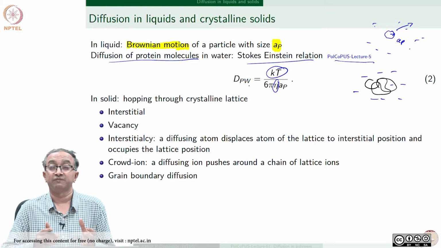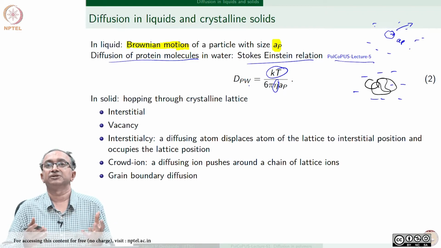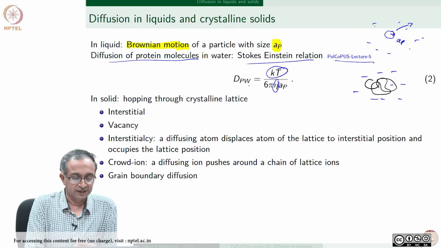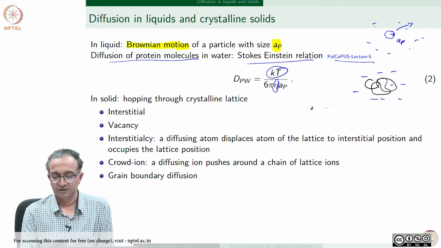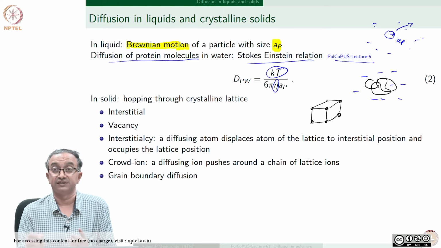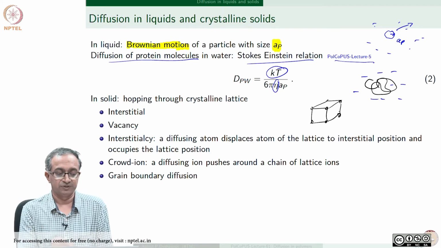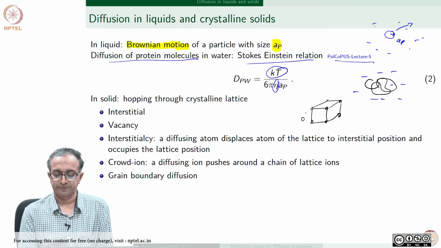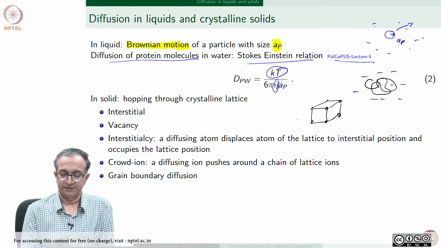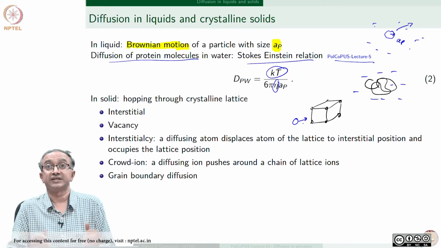However, what we will see is that in case of solids and polymers, we will find a very different nature of temperature dependence. In case of solids, what we have is a lattice, especially a crystalline solid. There are atoms which are occupying, let us say, a simple cubic structure, and the diffusing species will again have to diffuse through this crystalline lattice.